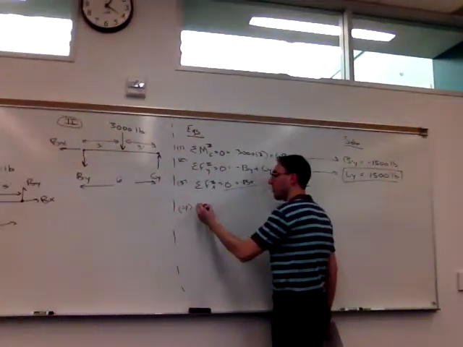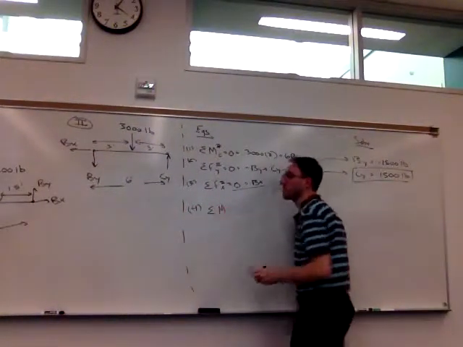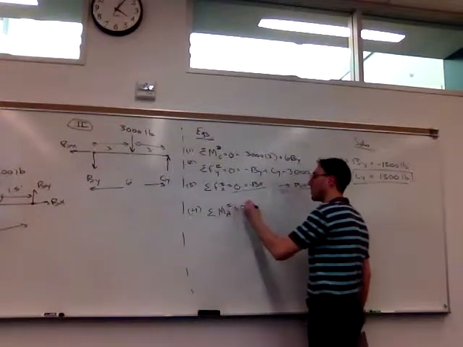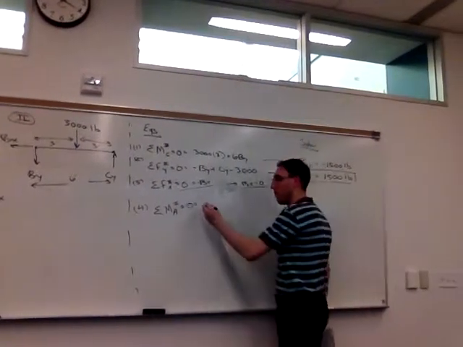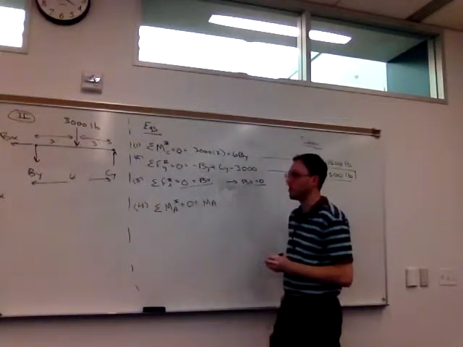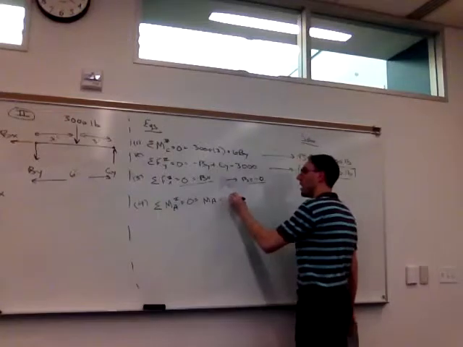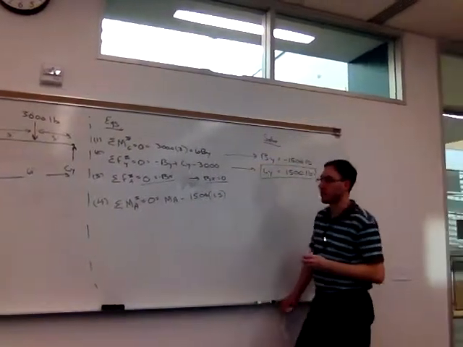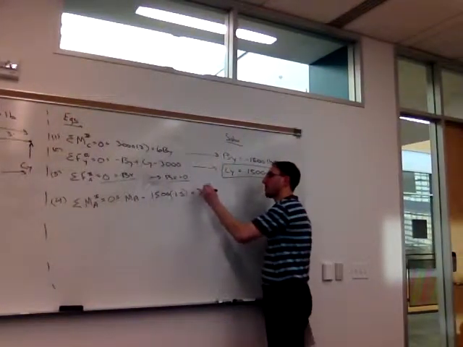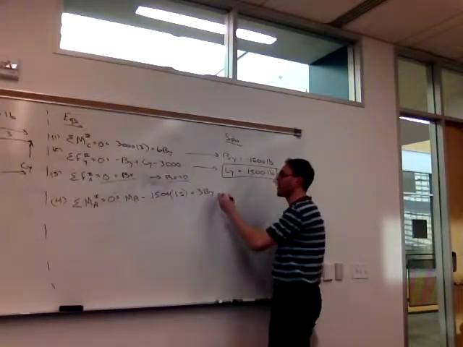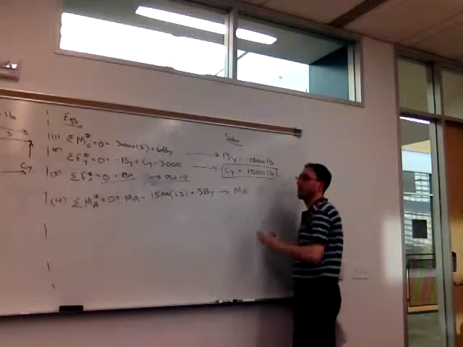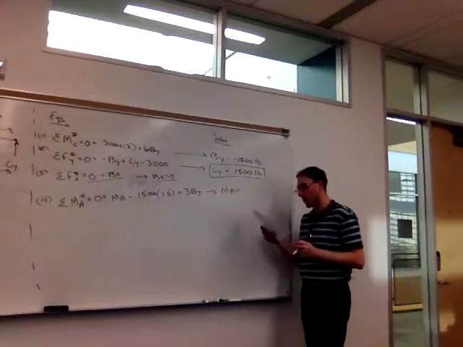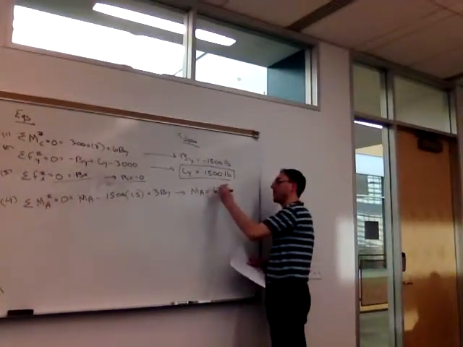Going backwards to picture number 1 now, I can take the sum of moments around A to start. I have the couple from the wall on the beam, so I have the MA that I assumed was positive, minus the equivalent force times its equivalent distance from A, so 1,500 times 1.5, plus 3 times BY, which I have found previously, leaving the only unknown to be MA, so the couple from the wall on the beam, I get 6,750 pound-feet.